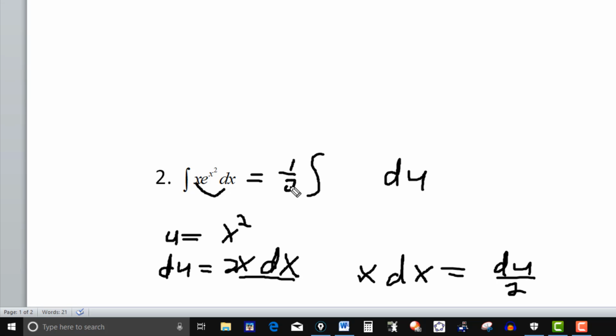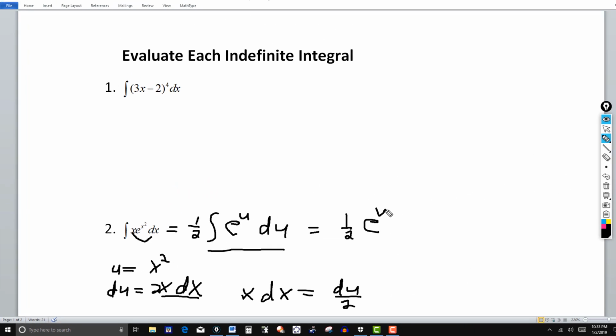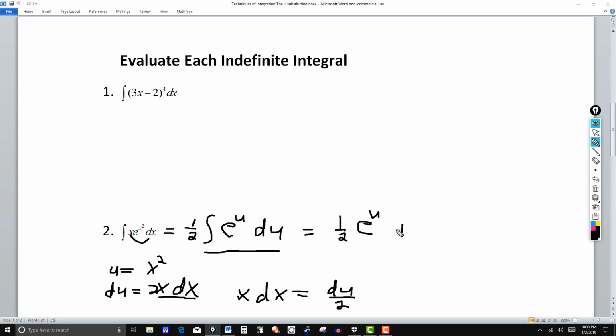And then this is just going to be e, and then x squared, that's your u. Now we have a basic antiderivative. Now we take the antiderivative with respect to u. This is going to give us 1/2 e to the u plus a constant. So see, it comes out real easy.